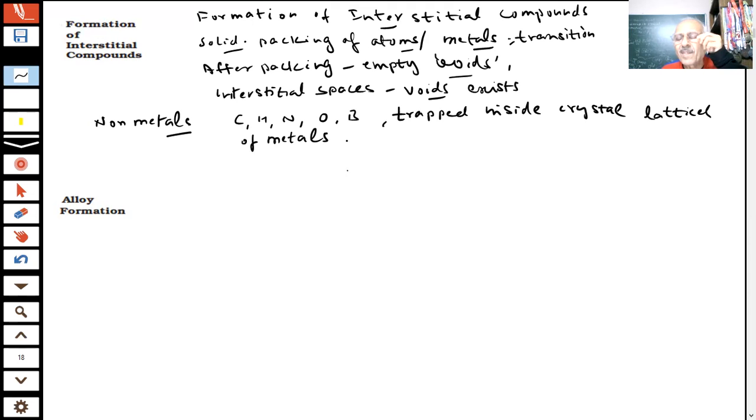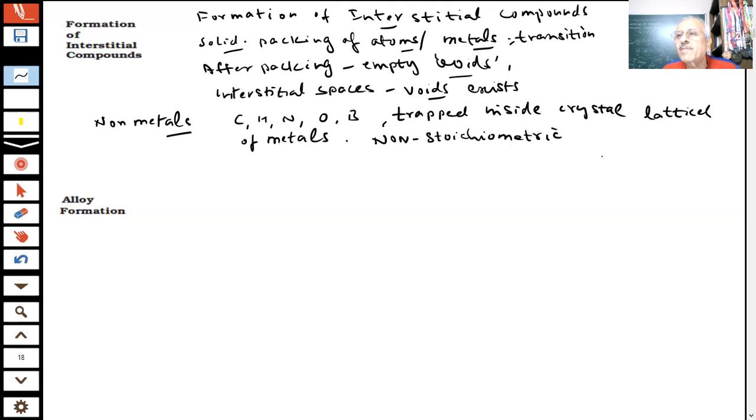Because we cannot fix the stoichiometry of these small atoms fitting into the empty voids when the crystal lattices of metals are packed, these compounds are usually non-stoichiometric.